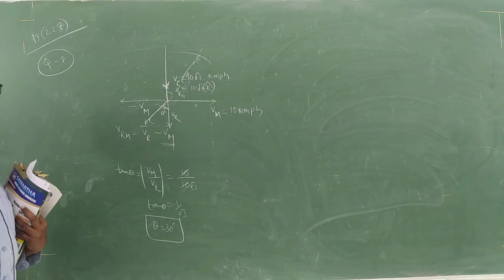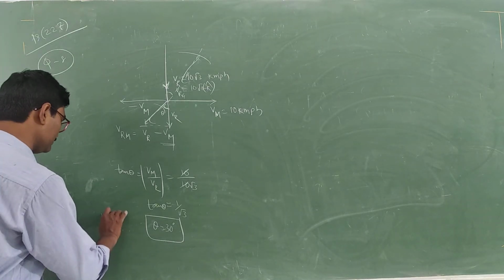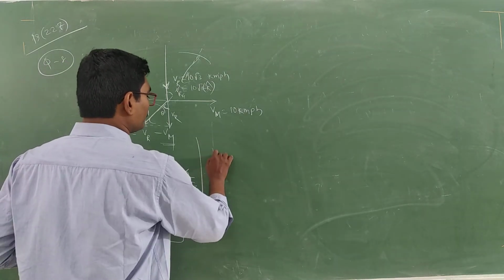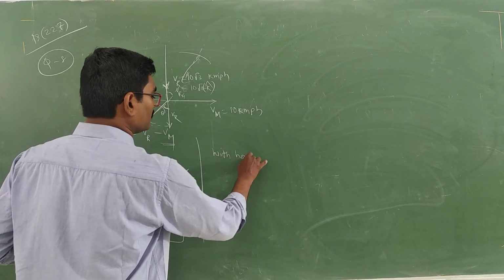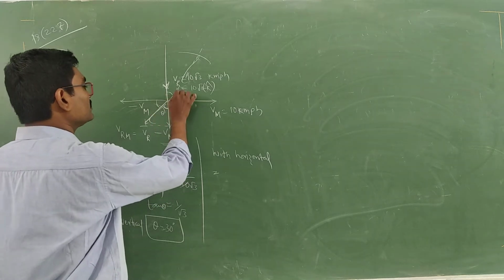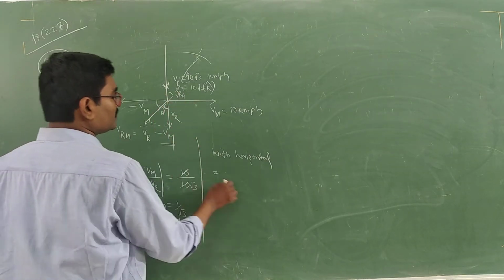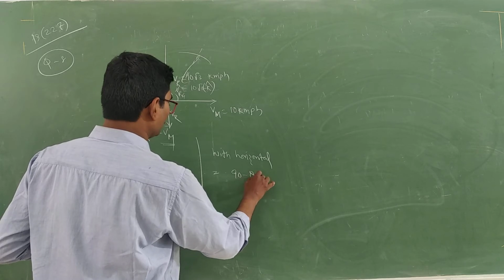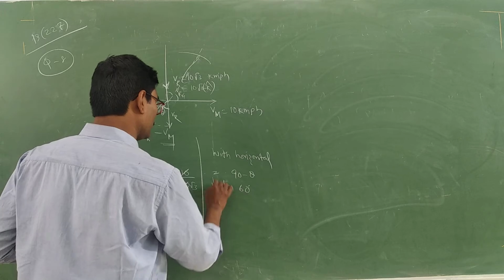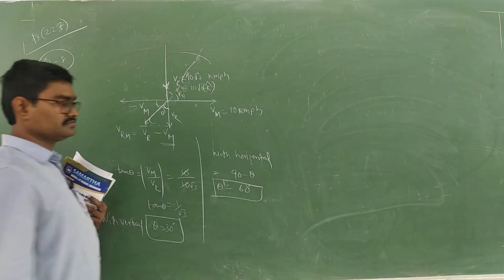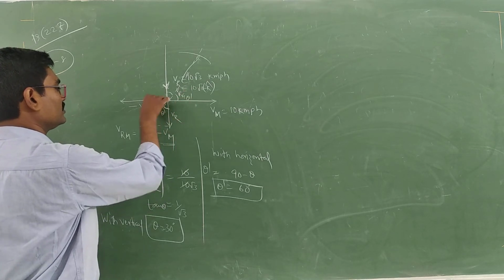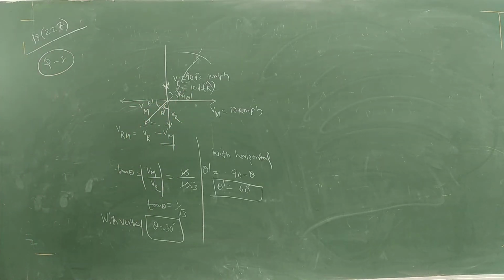This is with the vertical. Suppose you need the angle with the horizontal, then that is 90 minus theta, so 60 degrees is the answer. Clear? No doubt.